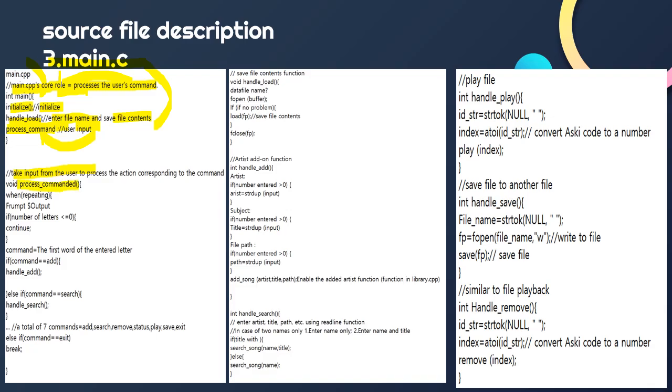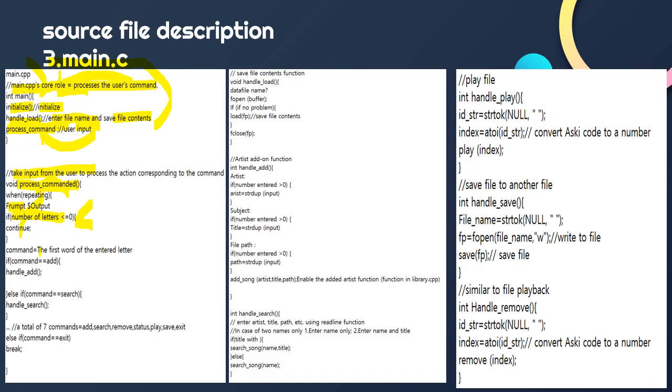Void process command. Repeat prompt as output. If the number of letters is larger than 0, continue.